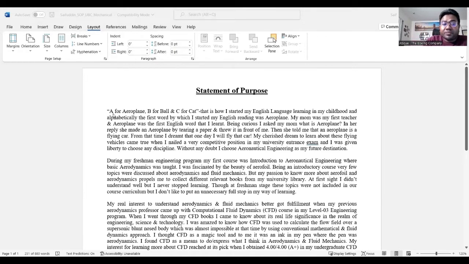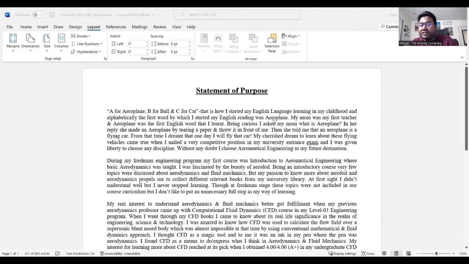So let's study. A for aeroplane, B for ball, and C for cat. That is how I started my English language learning in my childhood. And alphabetically, the first word by which I started my English reading was aeroplane. So he showed a strong reason for why he has an affection for the aeroplane. So that is how he started his journey.